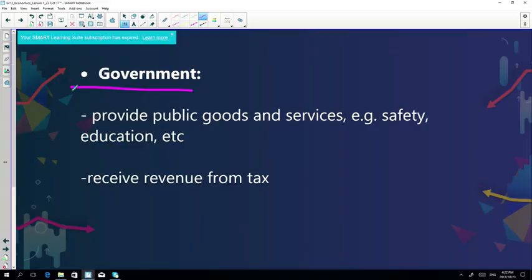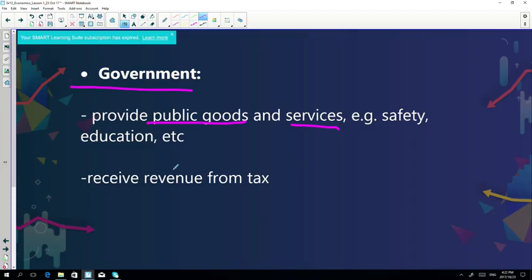So government plays an important role of providing the public goods and services, for example, safety and education. So the police department will fall under this. The public schools that we have are part of the government sector. So the public schools fall under government. It's a service that they offer.